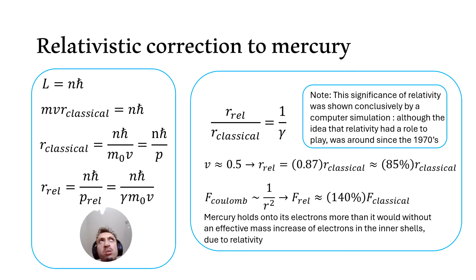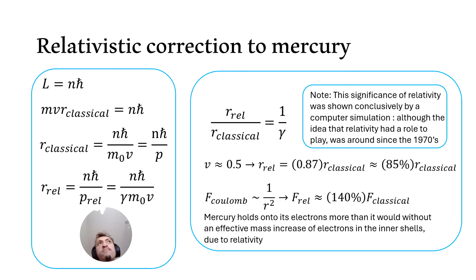In that case, it's due to how relativity changes the spacing between the energy levels. So mercury's case, in terms of the relativistic effect, is a little different. But it was known, even in the 1960s, that relativity does have a role to play in the chemistry of atoms.